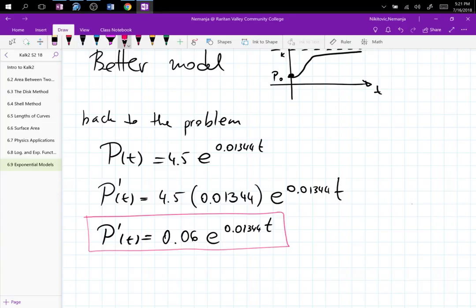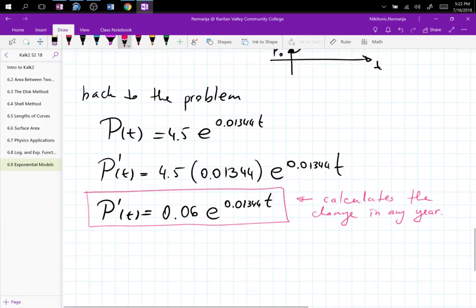So this is the equation now, and I'll just say over here that it calculates the change in any year. Obviously, if the number comes out positive, you are adding that many people per year.